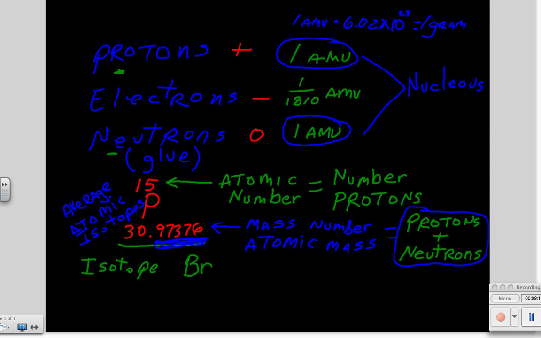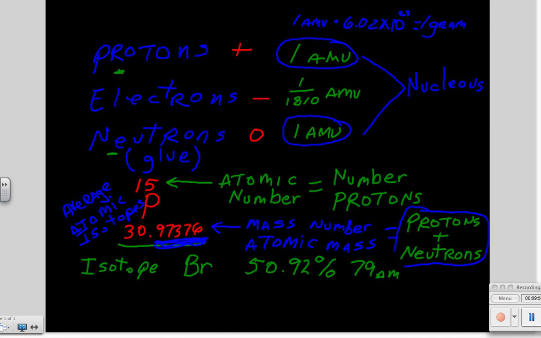And I find out that 50.92% of the bromine atoms that I test, from a sample of naturally occurring bromine, are going to have an atomic mass of 79 atomic mass units.